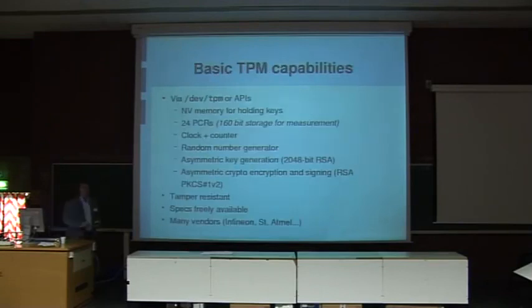There are some capabilities of the Trusted Platform Module. These capabilities can be reached via /dev/tpm or some specific applications or APIs. This is a list of basic capabilities. It has non-volatile memory for holding your own keys. It has platform configuration registers, 24 registers each of which can hold up to 160 bits of data.